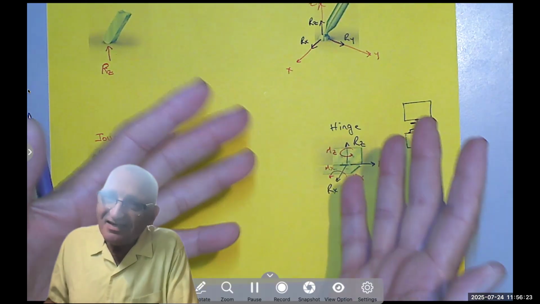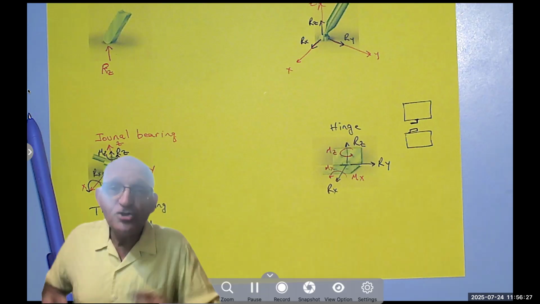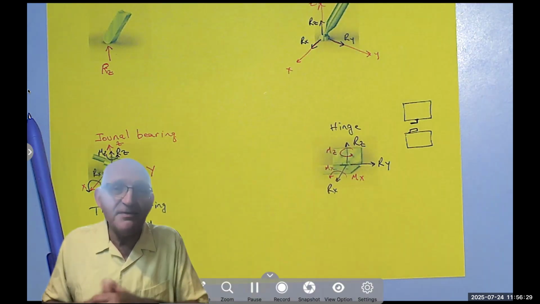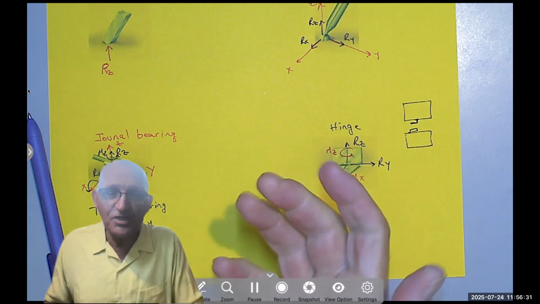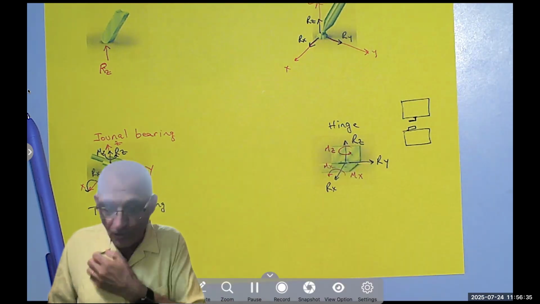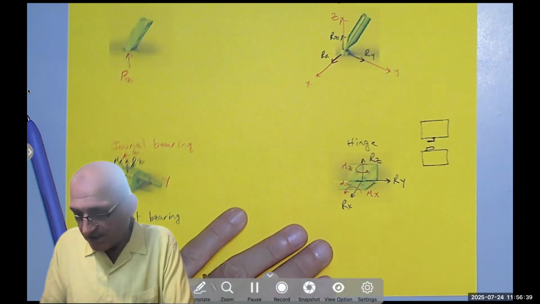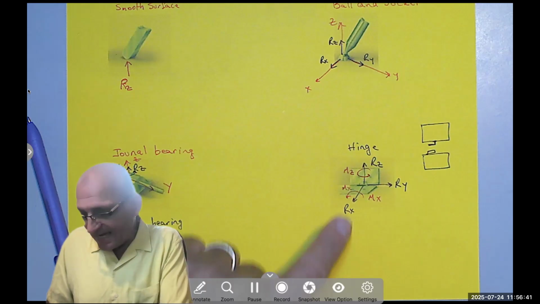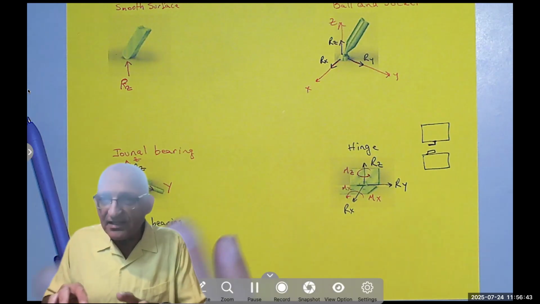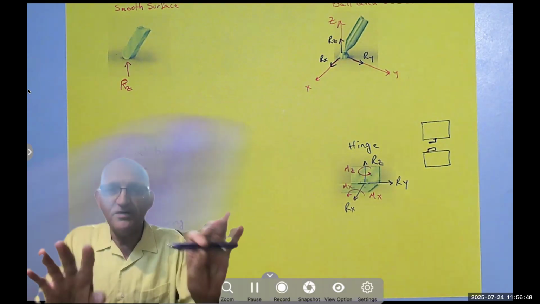So we say there are five unknowns, but we don't design the hinge to support moments about the z or the x. If it were in a utopian world, these would be three unknowns, exactly like the ball and socket. However, we add these two to make sure that it can take some of the misalignment. So don't worry much about that.